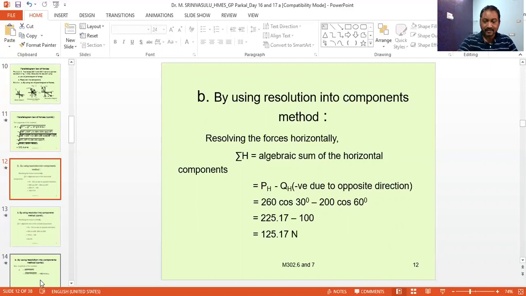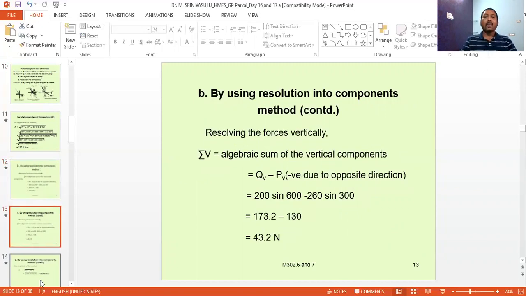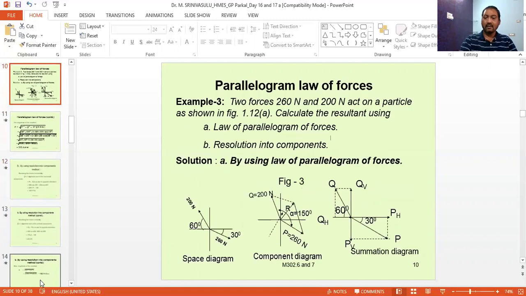Next, we have to find out the algebraic sum of the vertical components of all the forces. For this, again, for the force P, the vertical component will be P into sine 30, and P into sine 30 will act downward.